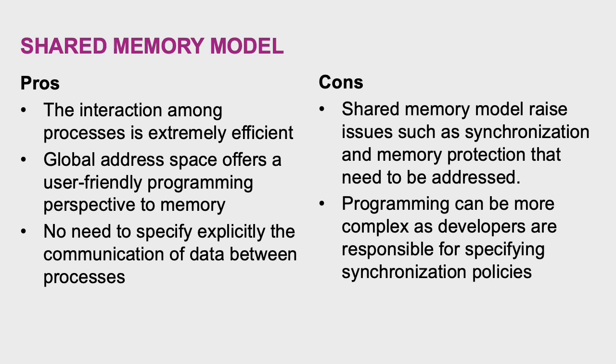The possibility to access a global address space offers a kind of user-friendly programming perspective for developers, I mean, when you design the business logic of a thread. And another important thing is that you don't need to specify explicitly the communication of data among the operating threads. This is another interesting issue.